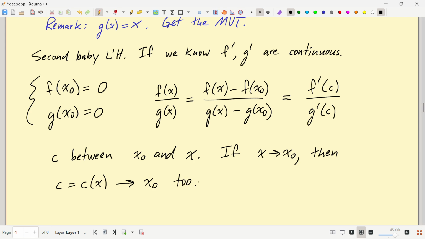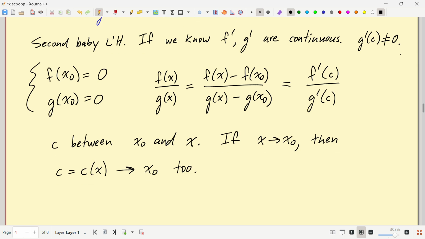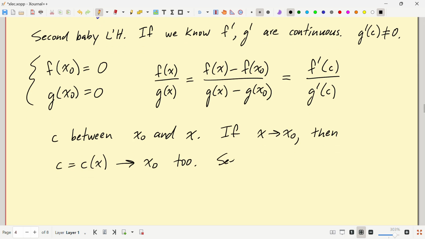And with the continuity and the non-vanishing of g prime, we know that g prime of c is not equal to 0. And so that thing would tend to, the limit as x tends to x naught, it's funny, I never stated what L'Hopital's rule is.